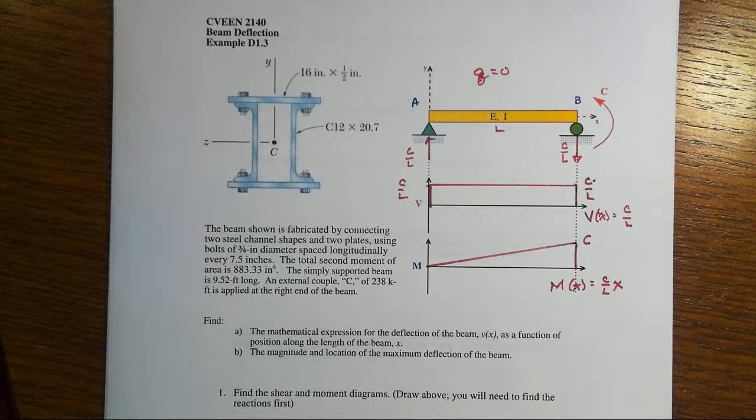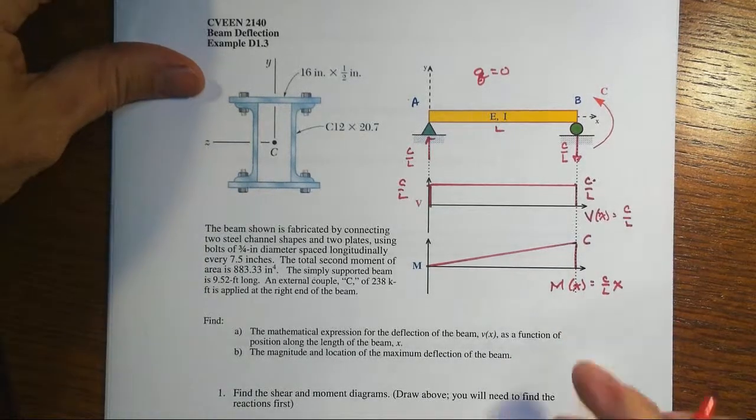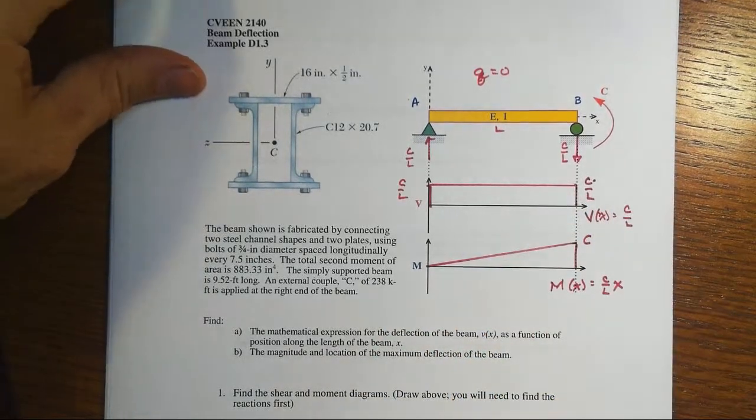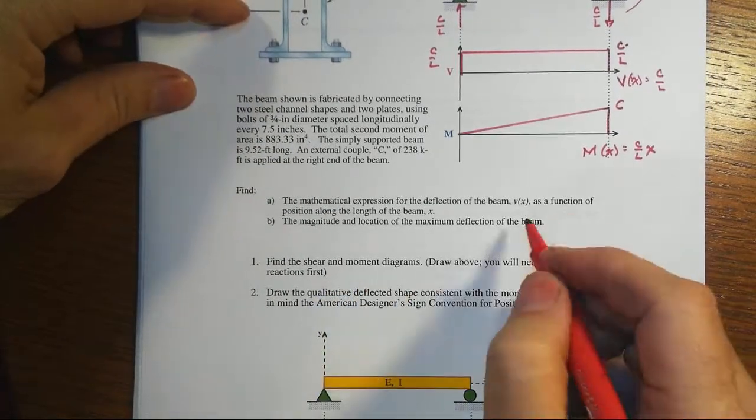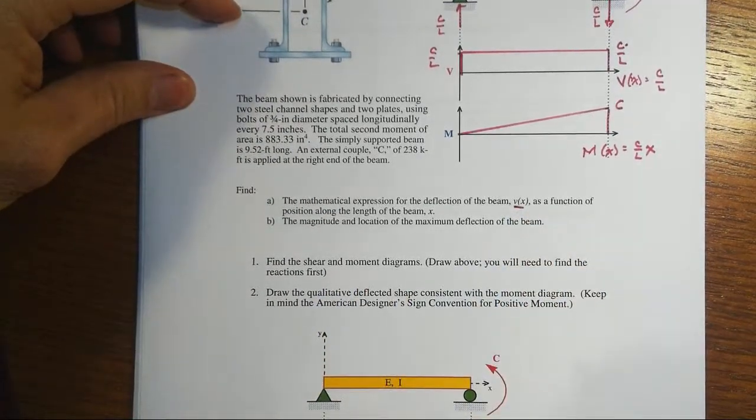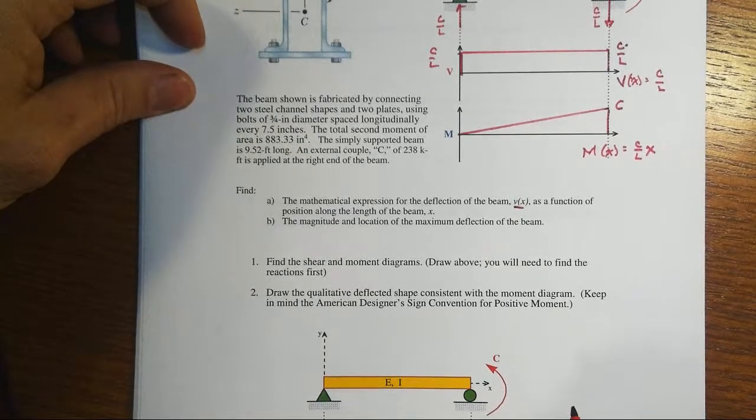Bam! We didn't have to formally set all that up. We can do shear moment diagrams, and sometimes that's a lot easier. That's what we're seeing here along the way to figuring out the transverse deflection expression.